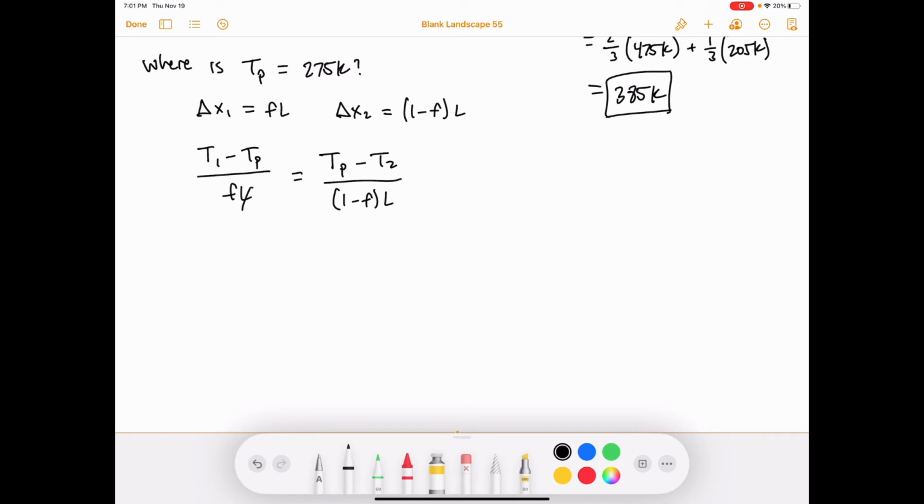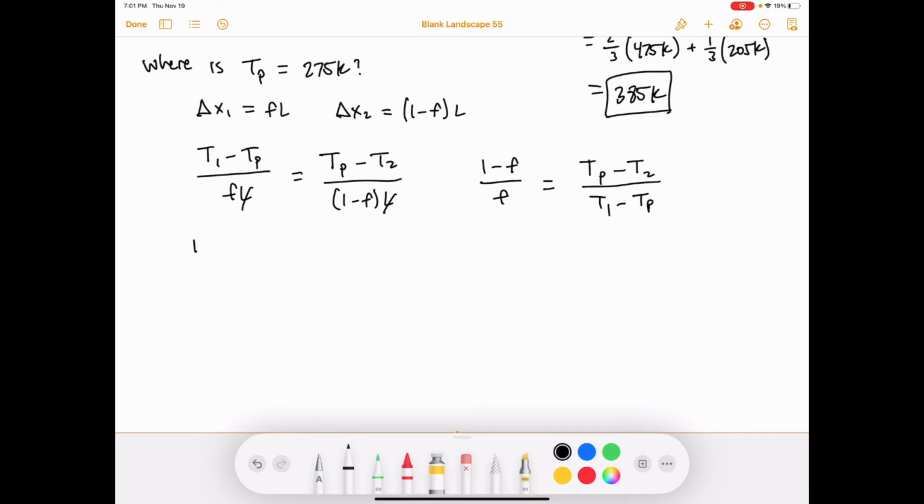So cancel out L's and rearrange this. So let's multiply through by 1 minus F. So we have (1 minus F) over F. And then divide through by T1 minus Tp. So we have on the other side Tp minus T2 divided by T1 minus Tp. Okay, so here let's simplify this.